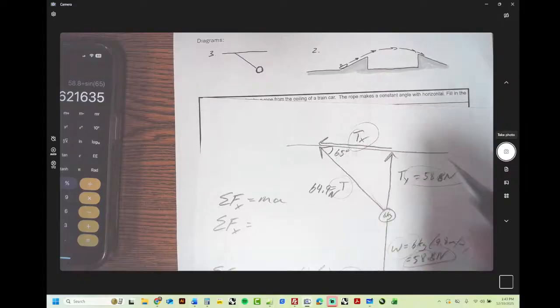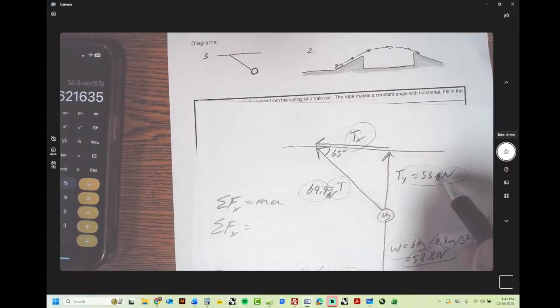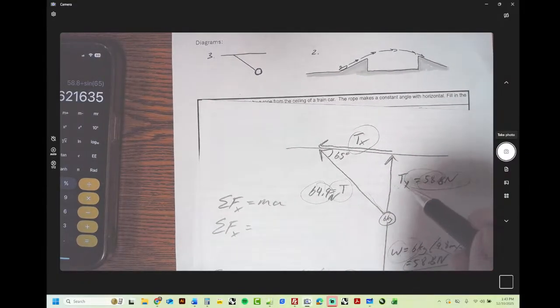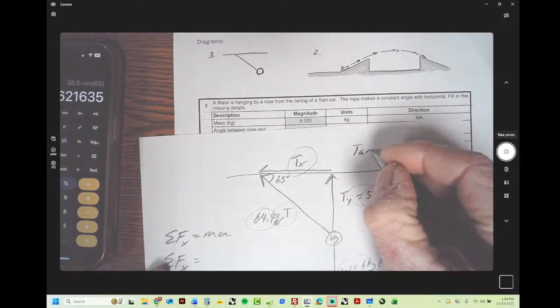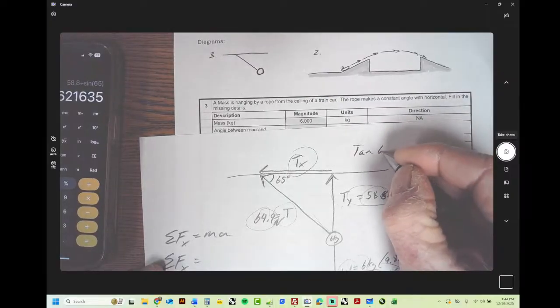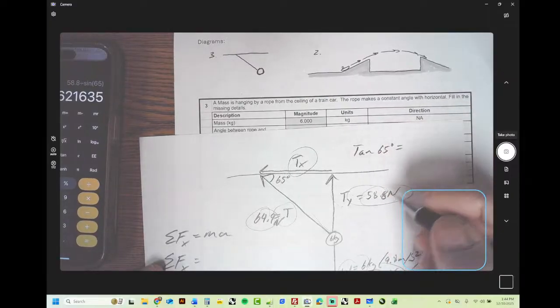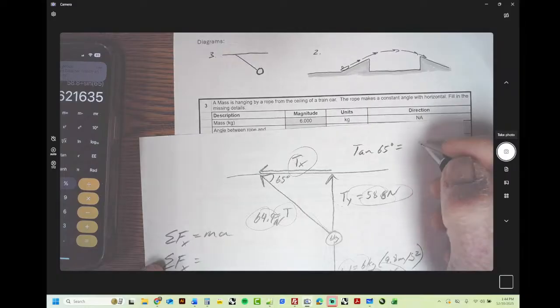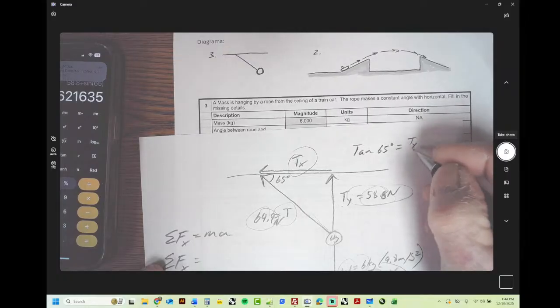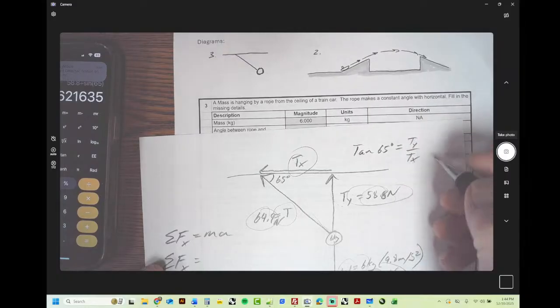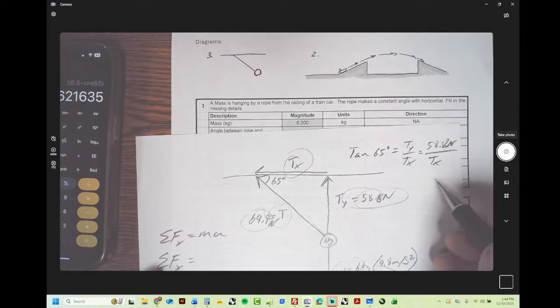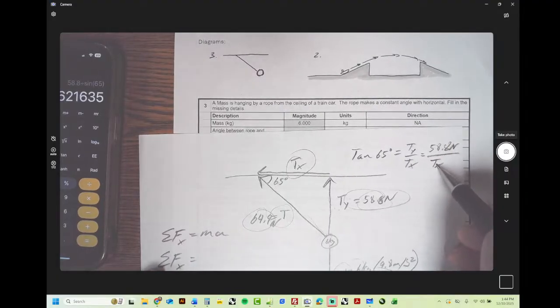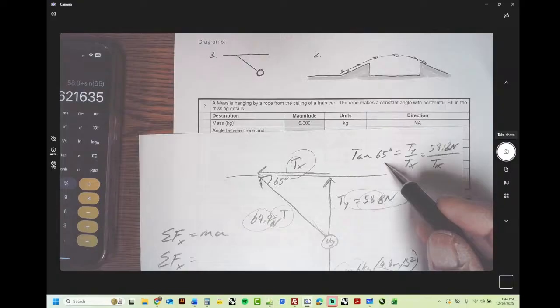Horizontal component of tension, and that's Tx. Now that I have these two, I could use the Pythagorean theorem, or I could just use tangent. I'm going to use tangent. So tangent of 65 equals Ty over Tx, which is 58.8 divided by Tx. And the same trick as last time: multiply both sides by Tx, divide both sides by the tangent of 65.